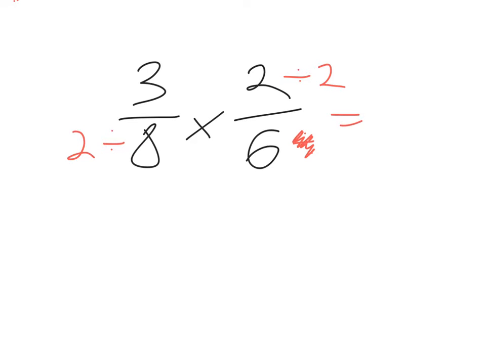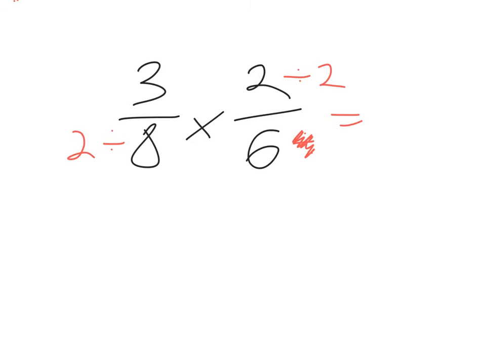Okay, so we're going to have 1 over, okay, so this is 1. 2 goes into 8 how many times? 4, right? So this is 4 times, I'm sorry, oh, wrong. Do you see what Mr. Milmo did? Do you see the problem?